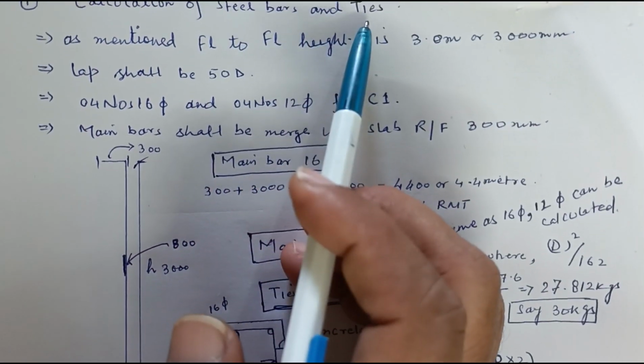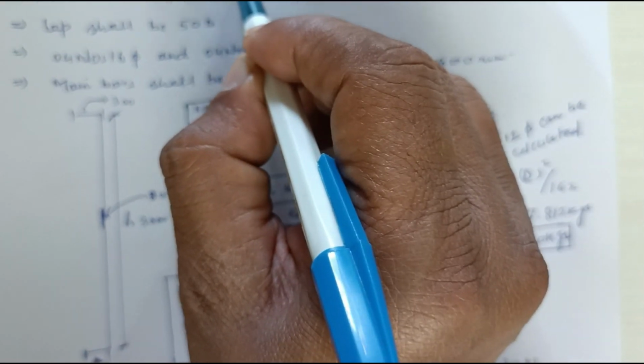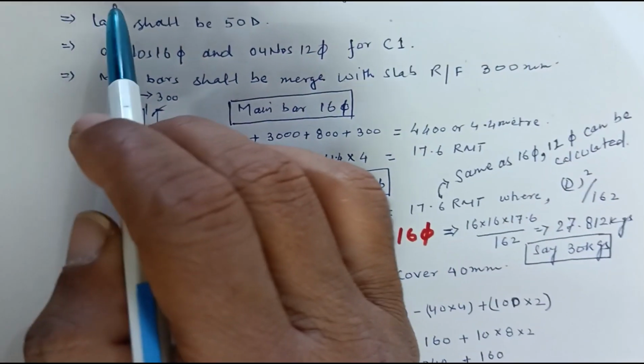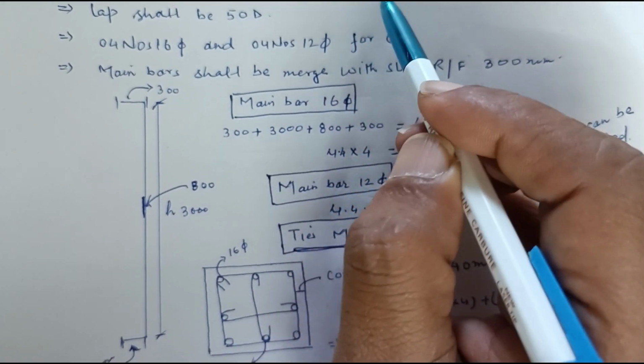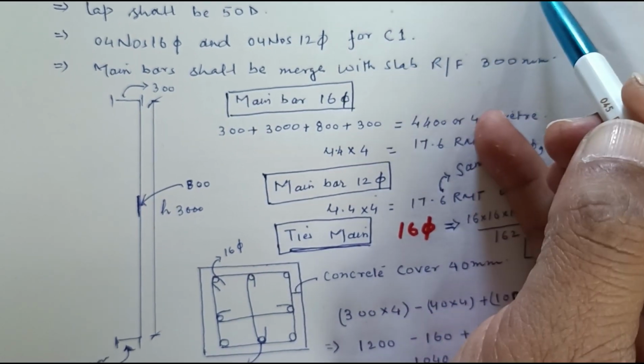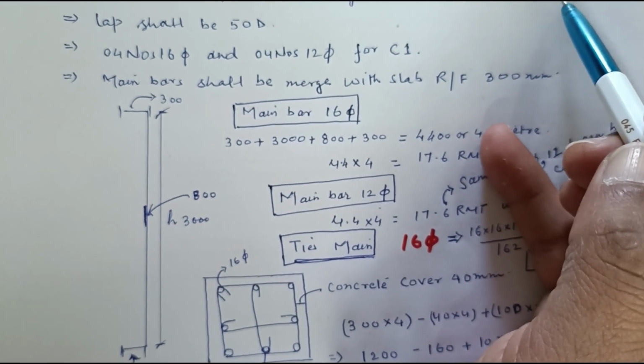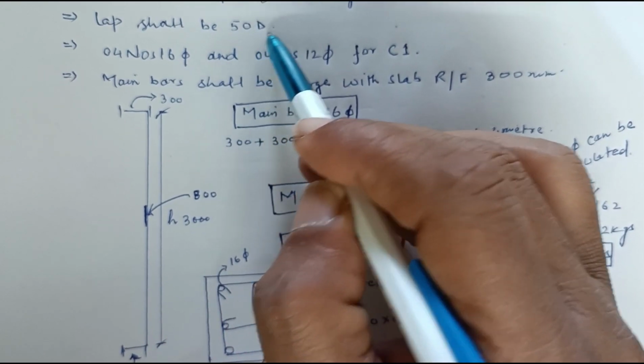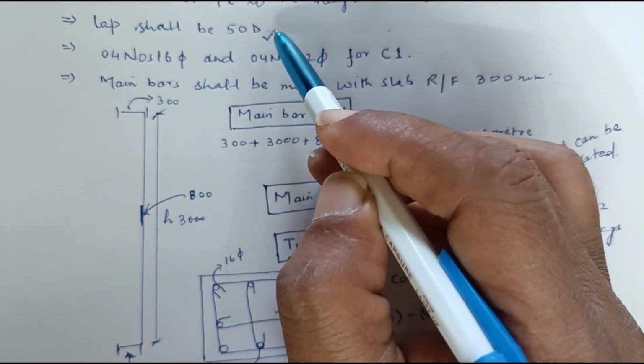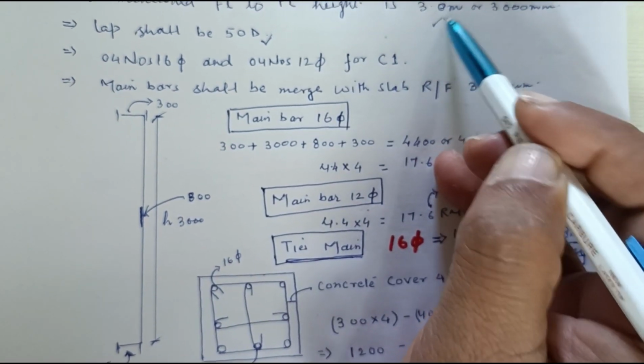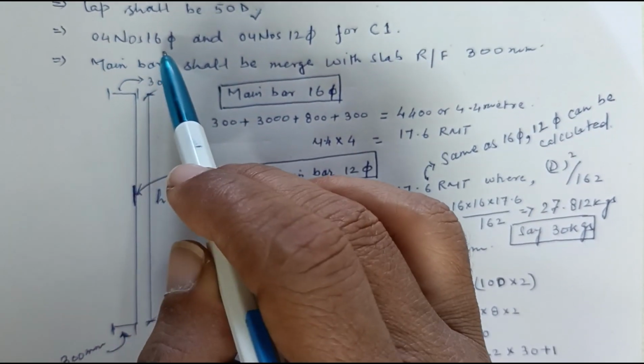Number 1, calculation of steel bar and ties. First we are doing calculation of steel bar and ties. As mentioned, floor to floor height is 3 meter or 3000 mm. Lap should be 50D, let's assume it's mentioned in drawing.